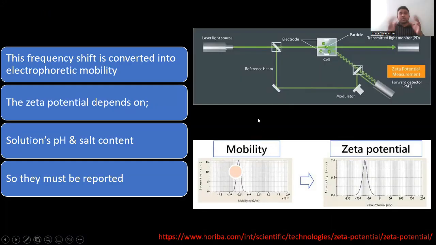To elaborate the zeta potential very well, it's like defining pH. If I say the pH of this water I am drinking is 7, will you agree with me? Is it scientific? No, sir, it is not scientific. I have to mention the temperature because pH is temperature dependent.